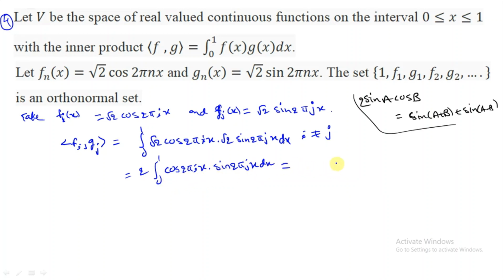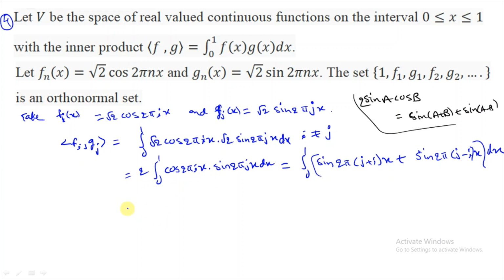Now apply this: the integral from 0 to 1 of sin 2 pi (j plus i) x plus sin 2 pi (j minus i) x dx, with 2 pi common.